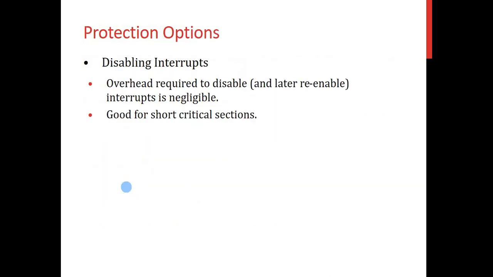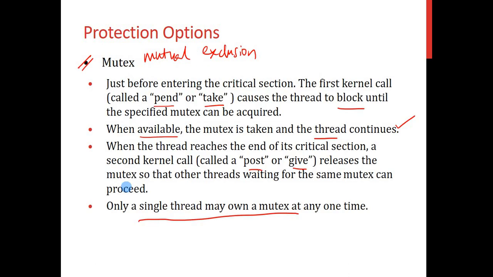As we have seen before, one way we can protect is to disable interrupts. That is one option. The option that is more important for us is the idea called mutex, which stands for mutual exclusion. The whole idea of mutual exclusion is you take a mutex, or pend on it, before you enter the critical section, and once you finish with the critical section and are going to exit, you post it or give it back.